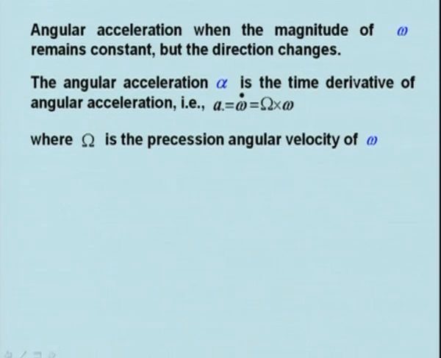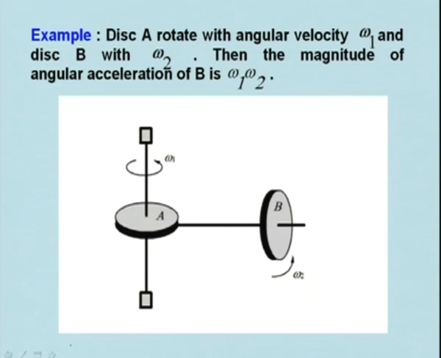The angular acceleration alpha is the time derivative of angular velocity, that is alpha is equal to omega dot, which we can write as big omega cross omega small, where big omega is the precession angular velocity of omega. That is the expression for angular acceleration if the axis is also precessing, which is called precession motion.